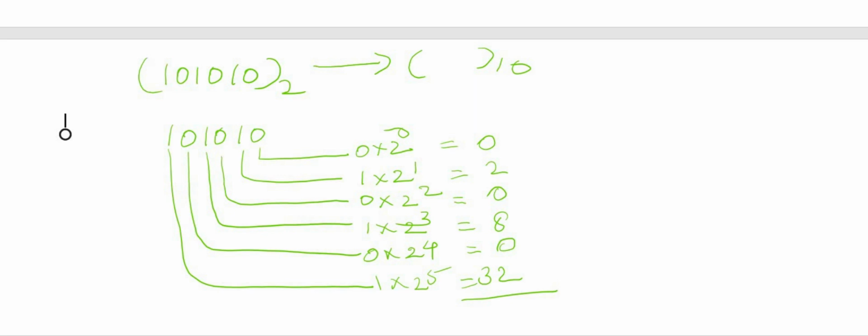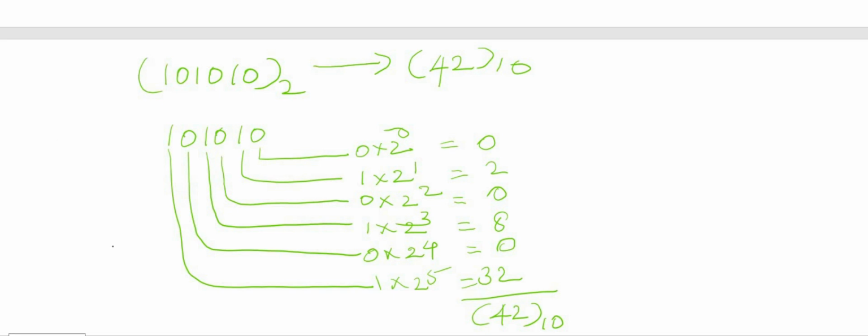Now let's add: 32 plus 8, 40, then 42. This decimal value is equal to 42. You can write here 42 is the decimal value for 101010. Now let's verify that.